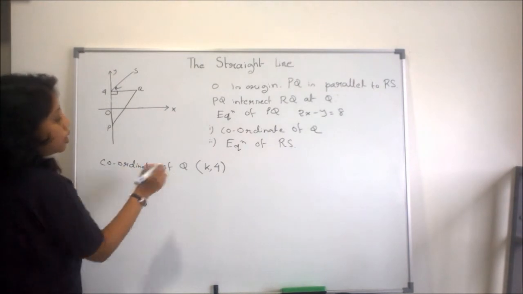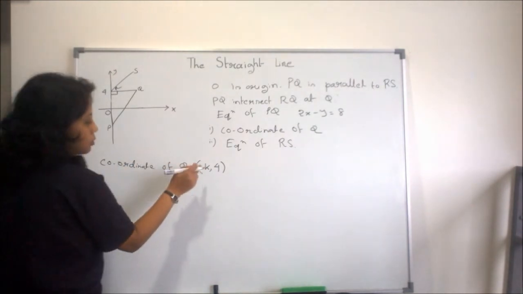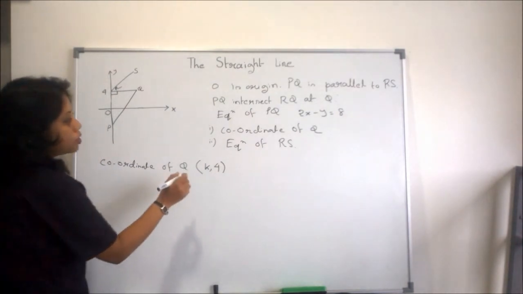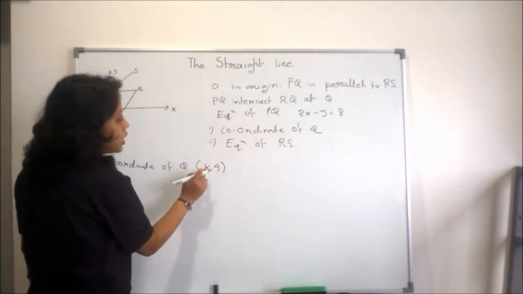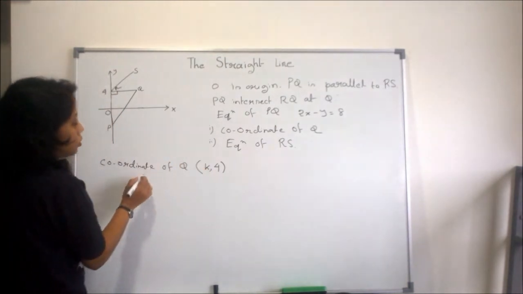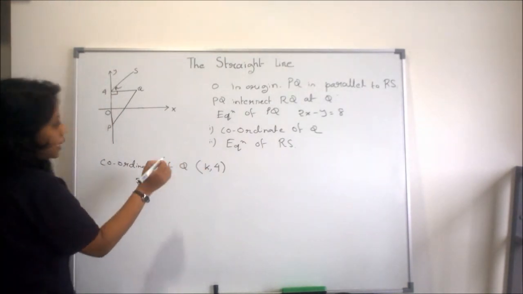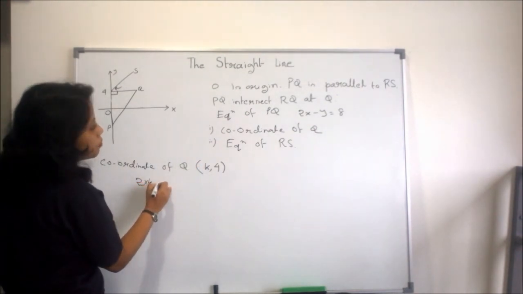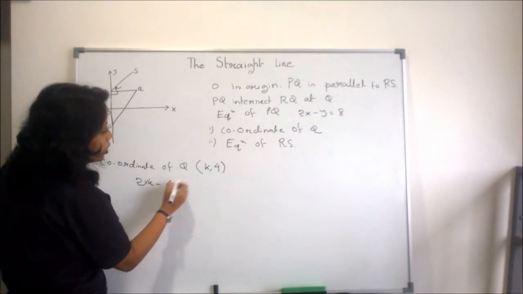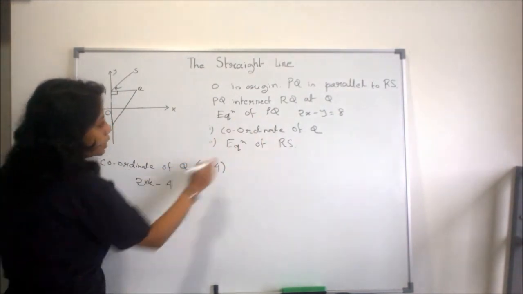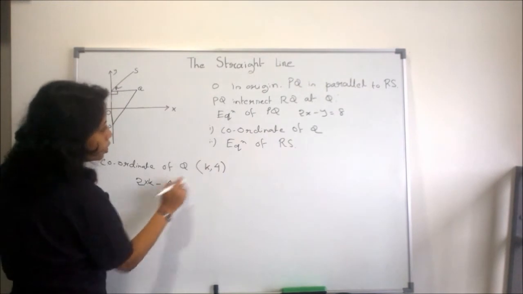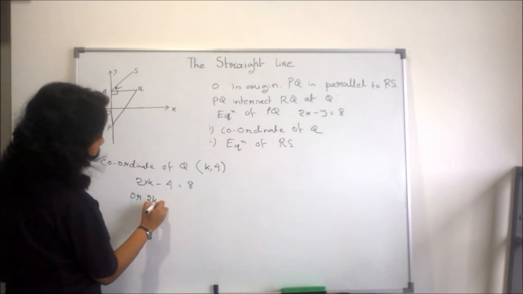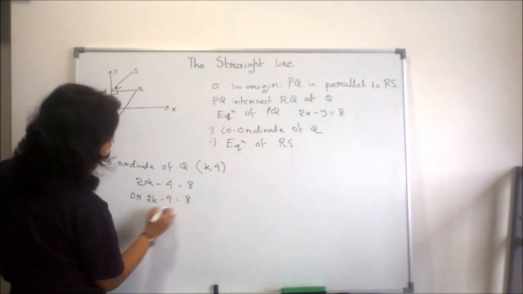So this point satisfies this equation, and we can put (k, 4) in place of x and y. In place of x we write k: 2 into k minus 4, in place of y we write 4, is equal to 8. So from here we get 2k minus 4 is equal to 8.